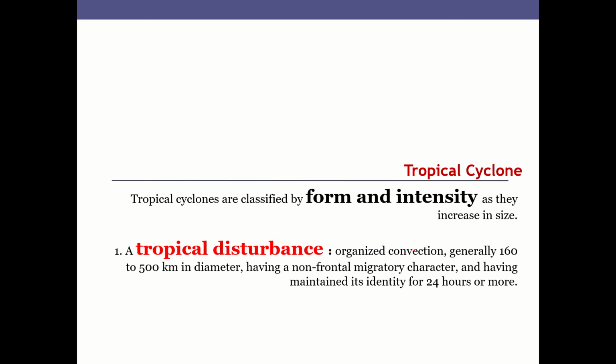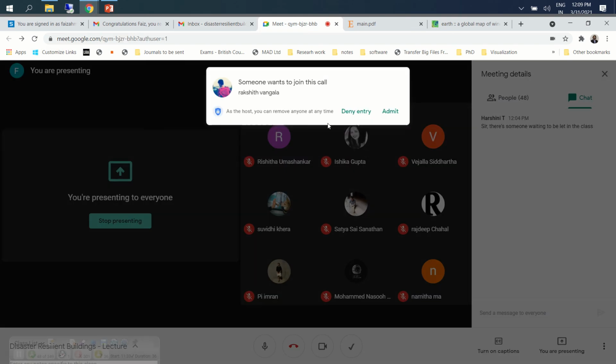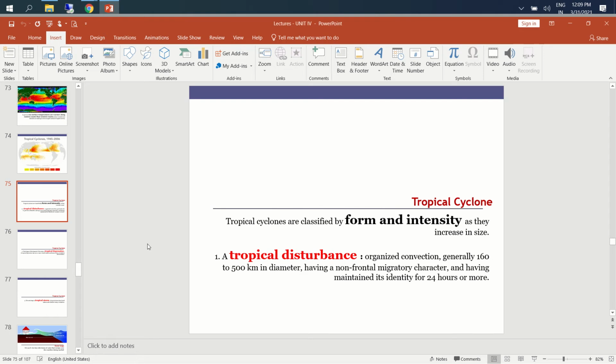That we can observe, that there's some kind of a disturbance that can be seen in the ocean, that is persistent for over 24 hours.